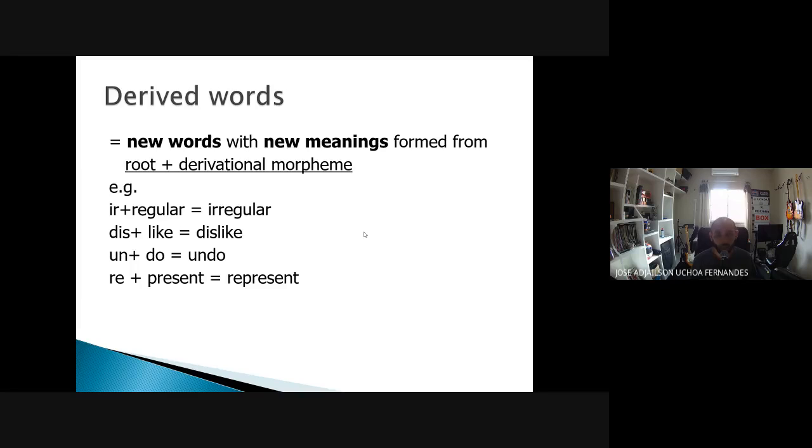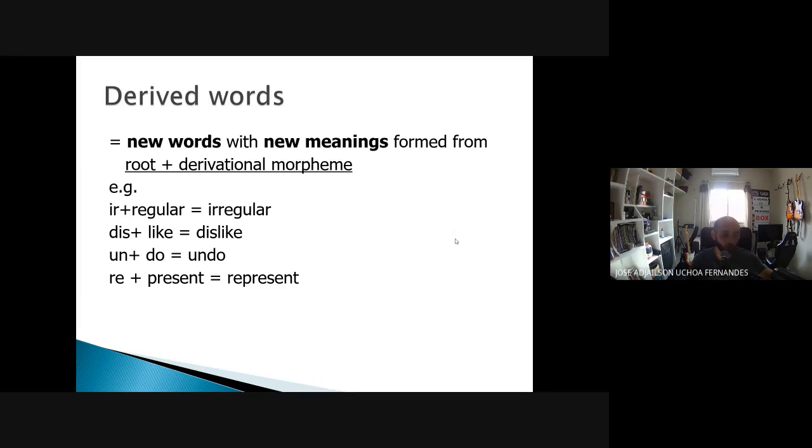In this case, listen is a verb, but listening, considering listening as an ability to listen, listening is a noun. So we can derive a word by means of a prefix or by means of a suffix. In this case, we call this suffix ing at the end of listening a derivational noun-forming suffix, okay?